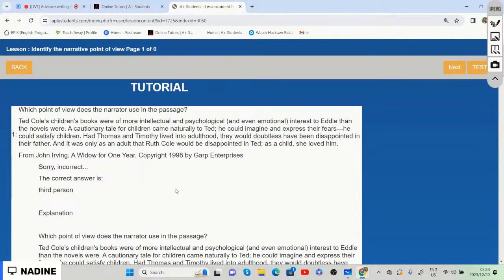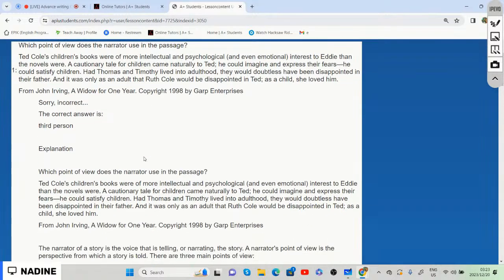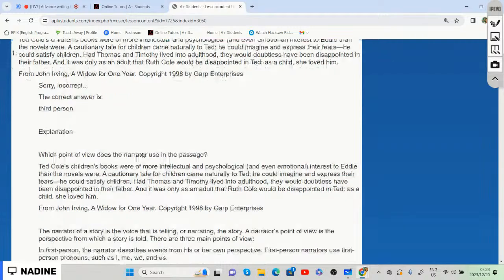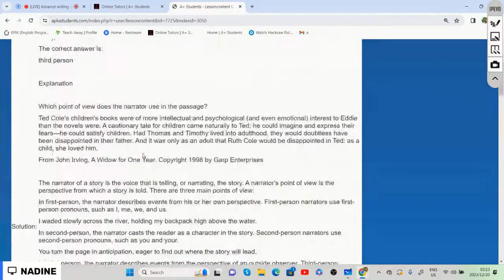All right, so we need to identify the narrator's point of view. The narrator of the story is the one that is telling or narrating the story, and we are going on the narrator's point of view, which is the perspective from which the story is told.